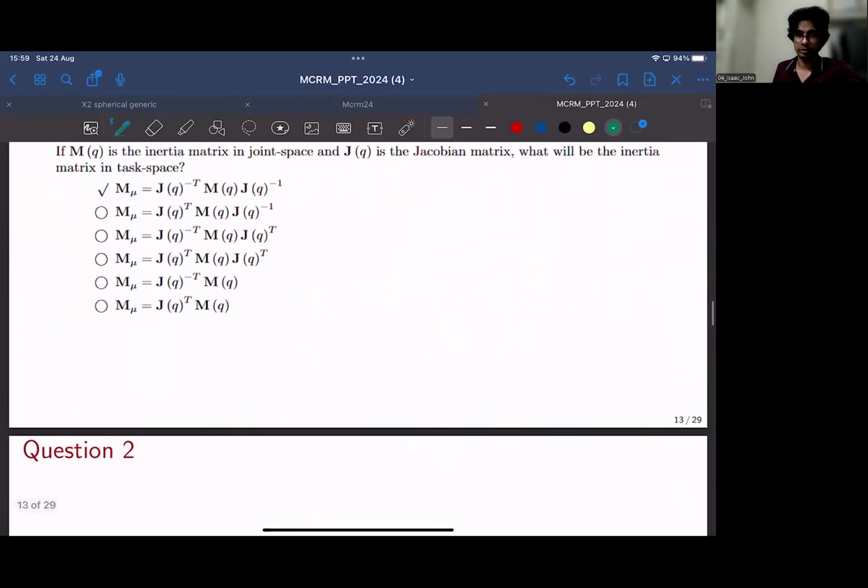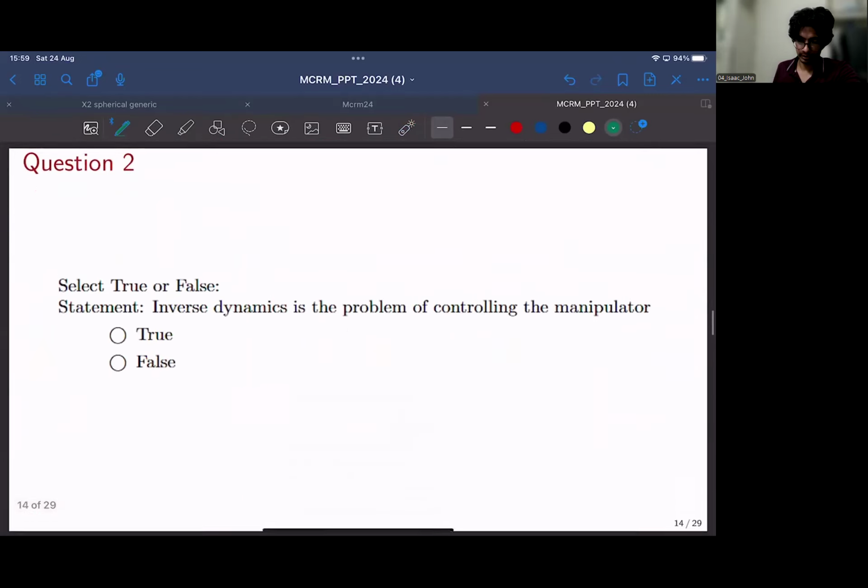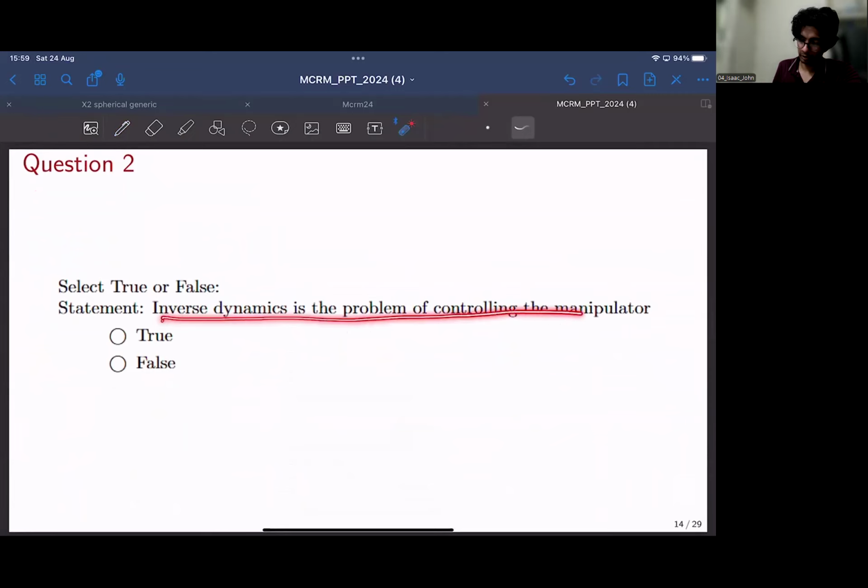Moving on to the second question. It is a true or false question, and it says, inverse dynamics is the problem of controlling the robot manipulator.